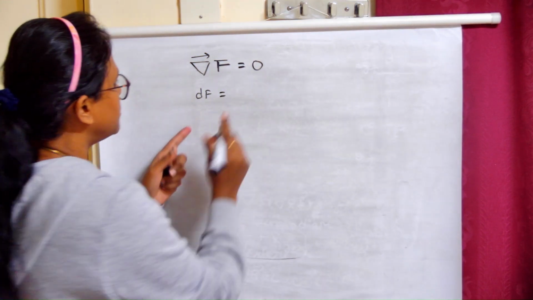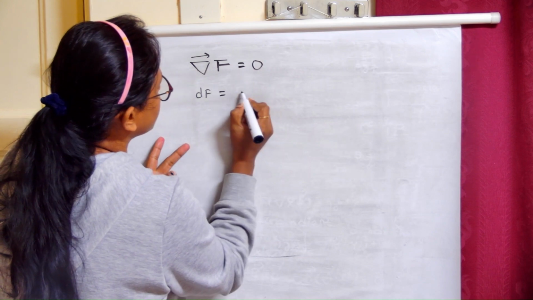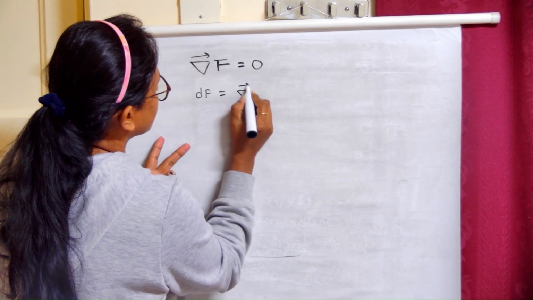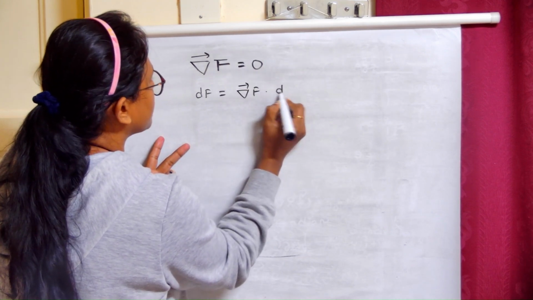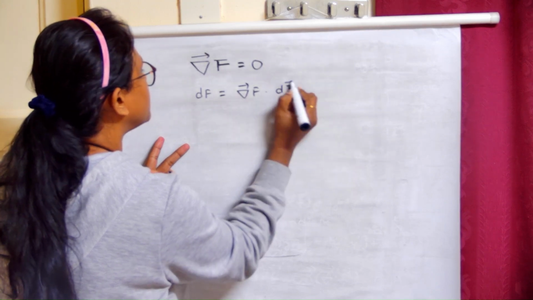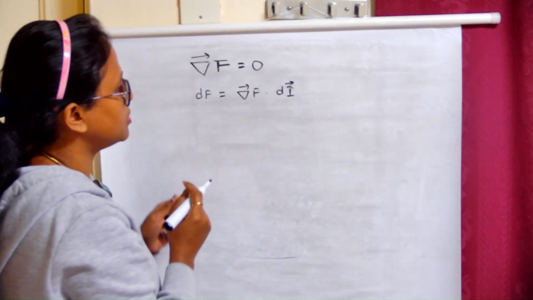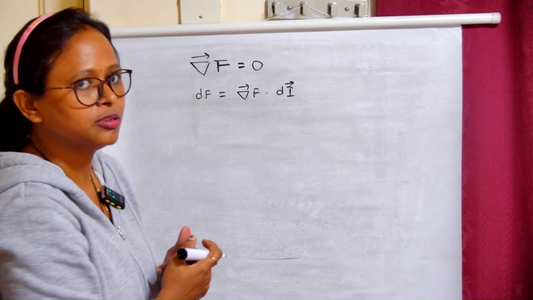The derivative of f is written as the dot product between the gradient and the infinitesimal displacement vector.